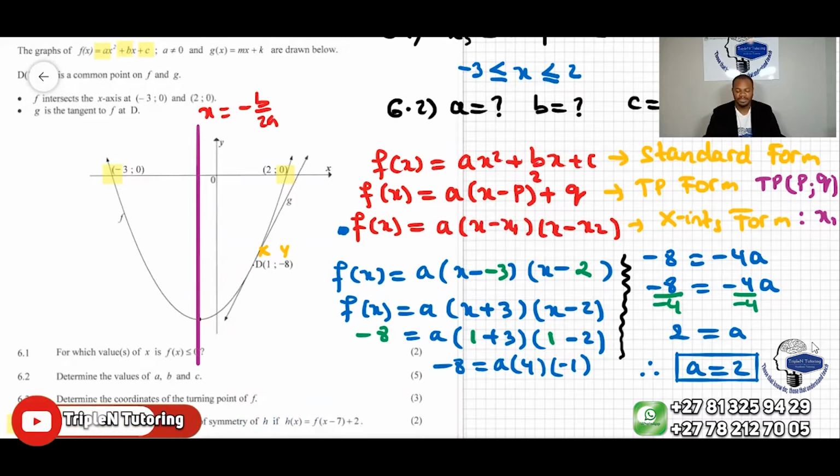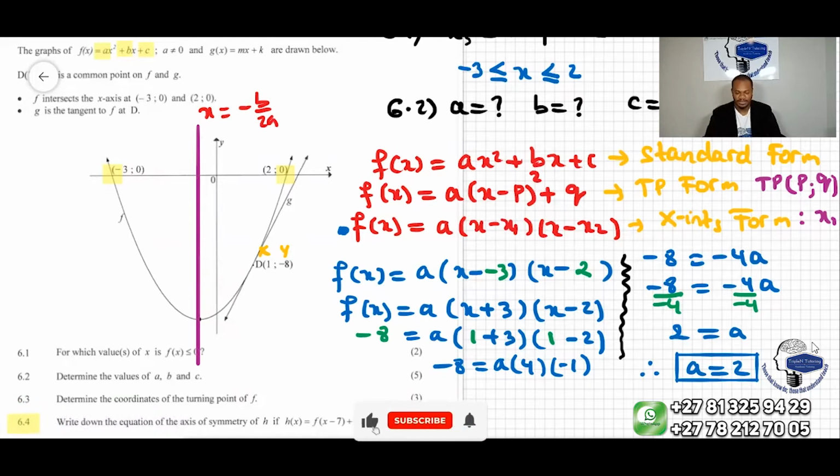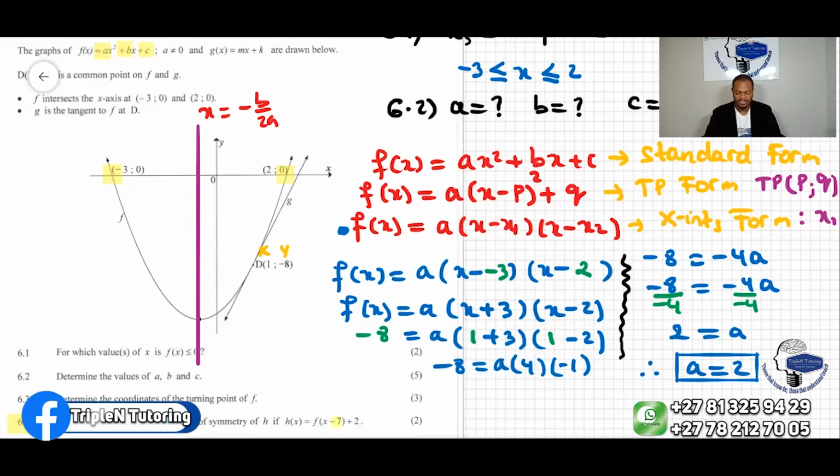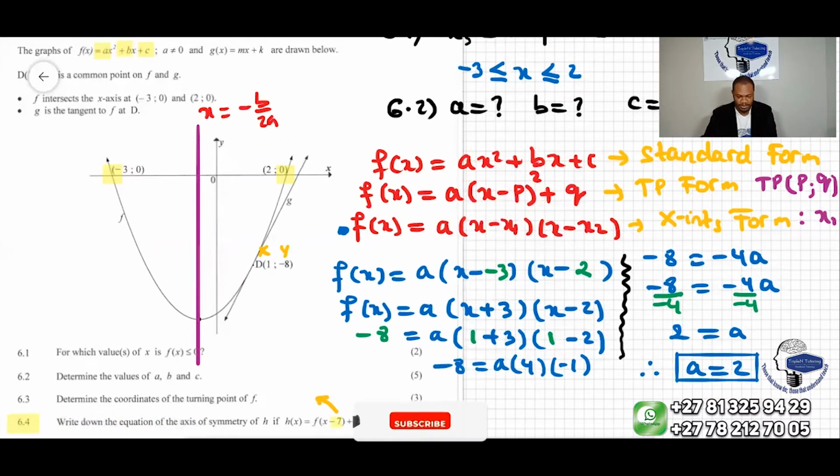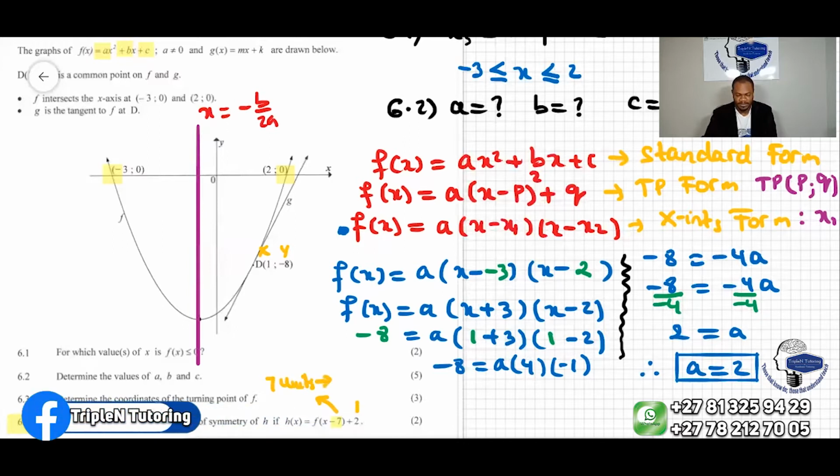Remember, in grade 11, you learned that a function can be transformed like this. The x minus 7 here simply means the function is shifted 7 units to the right, and the plus 2 means shifted 2 units upward.